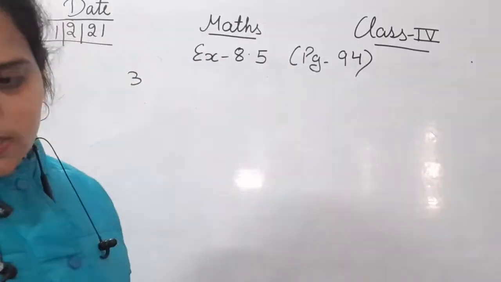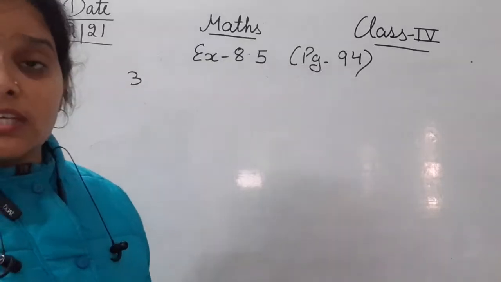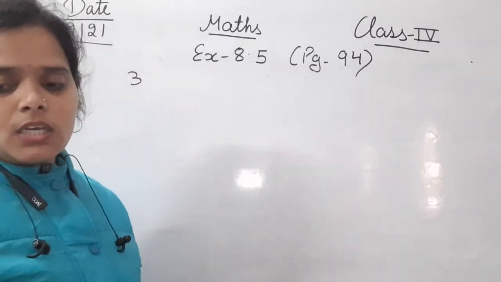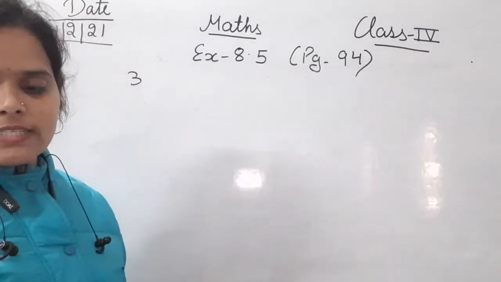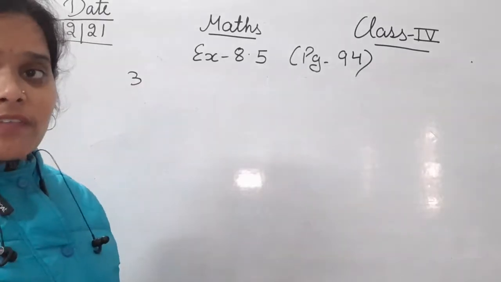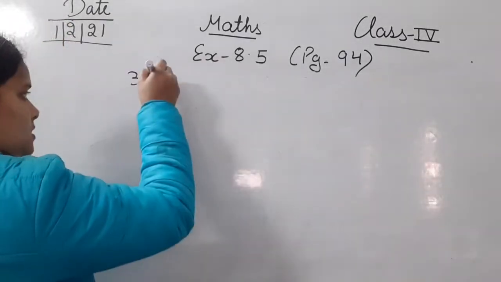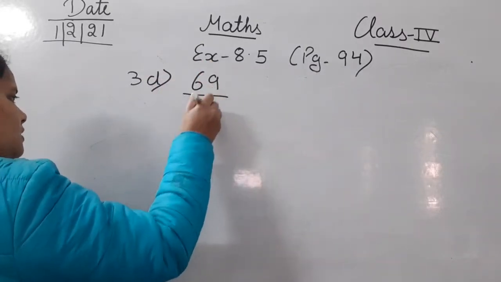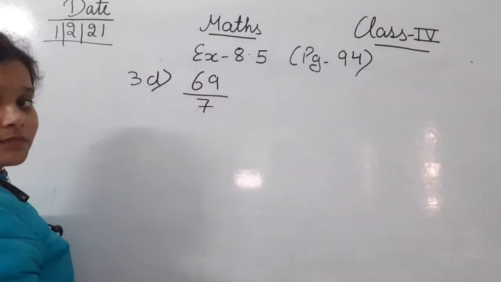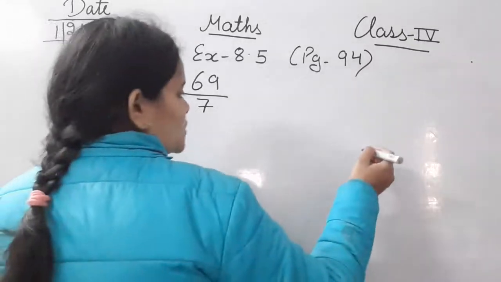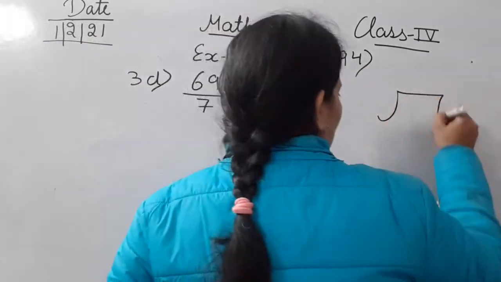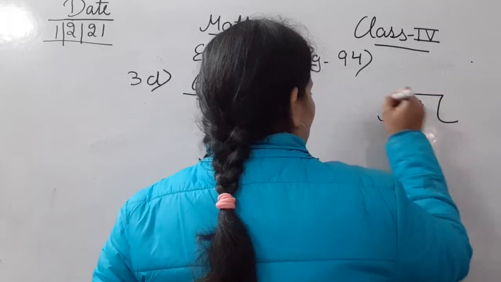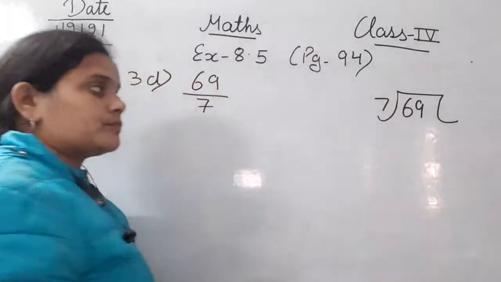Okay, so the D part, the fraction that is given, that is 69 upon 7. So let's divide 69 with 7.